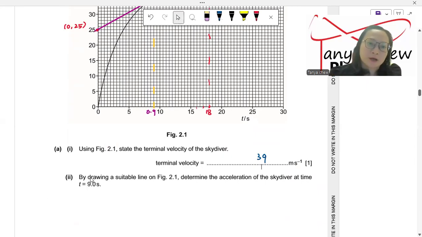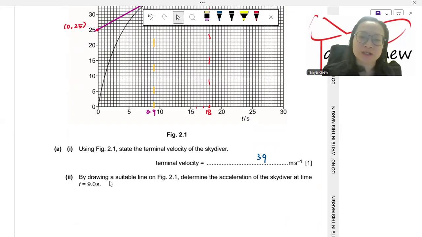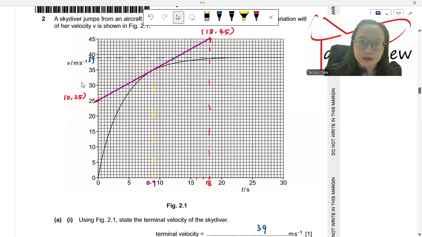Now, the second part, by drawing a suitable line, which is actually a tangent, on Fig 2.1, determine the acceleration of the skydiver at time t equal to 9 seconds. Now, why do we need to draw that line? First of all, this graph is a speed against time graph. How do we find acceleration from the speed time graph? It is actually the gradient of the graph.